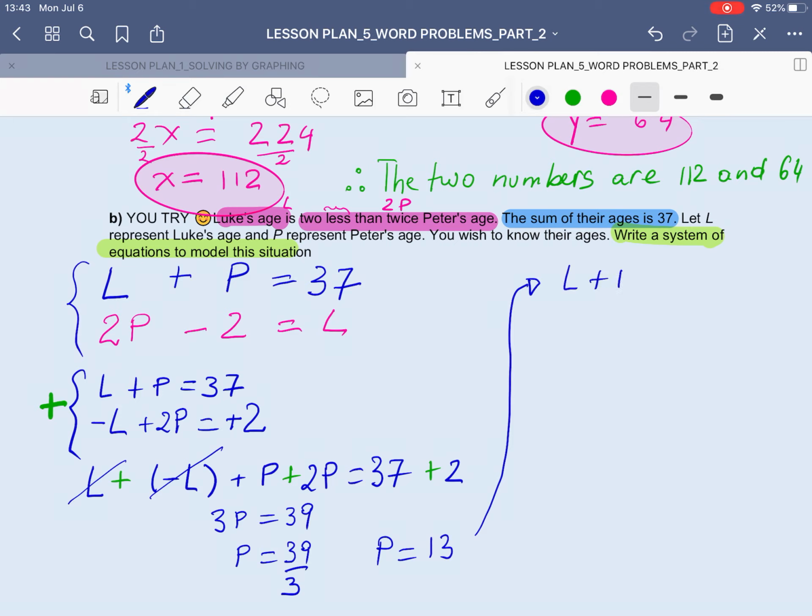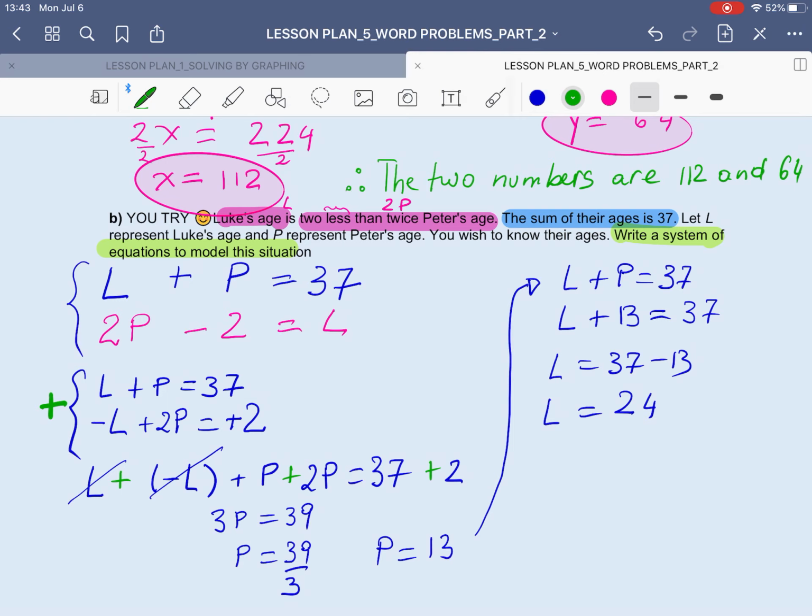We know that Luke and Peter together make 37. I write the equation as is first, and then Luke is unknown. Peter we know now, not a mystery. He's 13 years old, and that's 37. So L equals 37 minus 13. That will make Luke 37 minus 13, or 24 years old.